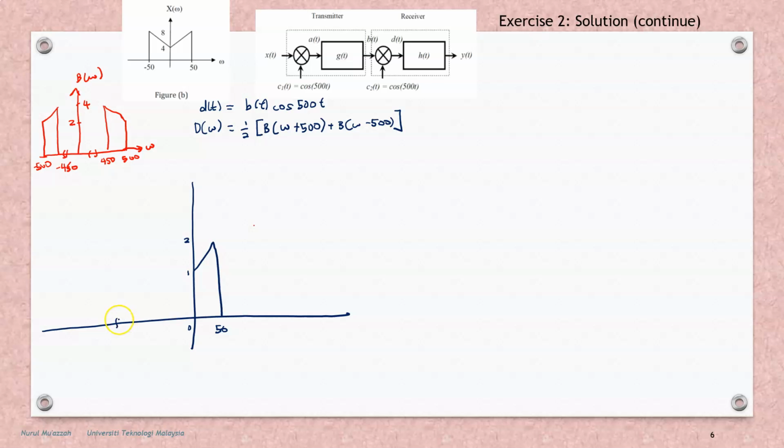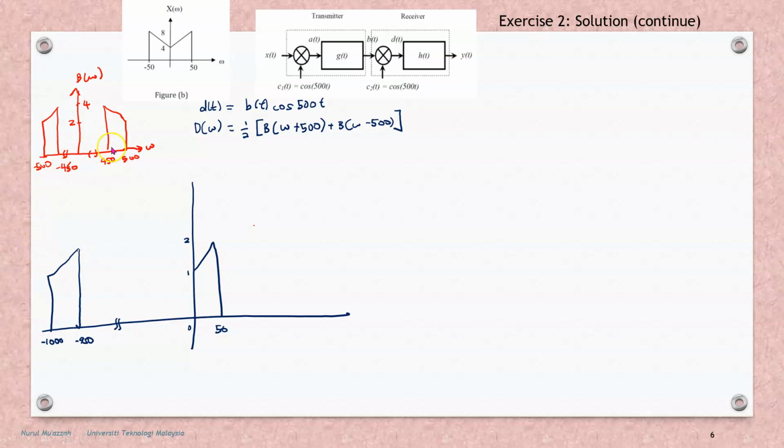So we put something like this to show that the axis here should be longer than what we write. This is not really a correct scale. Another signal of these components which has been duplicated, this one is negative 1000 and this is negative 550 because the width of the signal is 50.